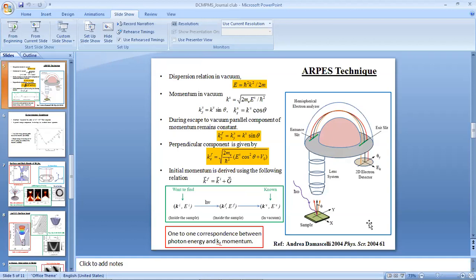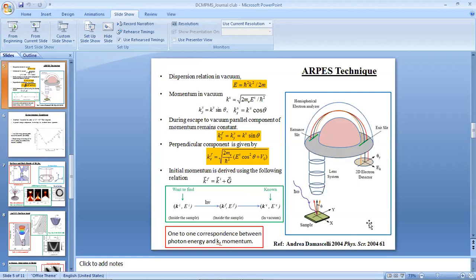Then you rotate the sample by a few degrees and take the same image. Then you again rotate it and take another image. So by rotating the sample, you can probe different momentum directions, and from there we can construct the whole 3-dimensional thing. We do not invoke the isotropy there. We actually perform it by varying the sample position, by rotating the sample.